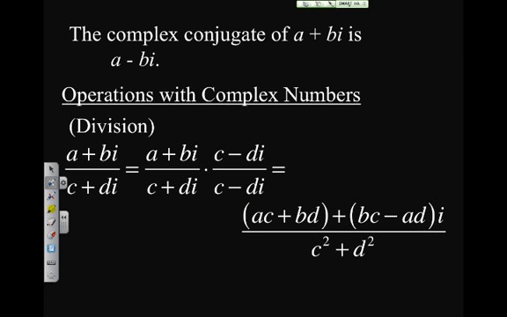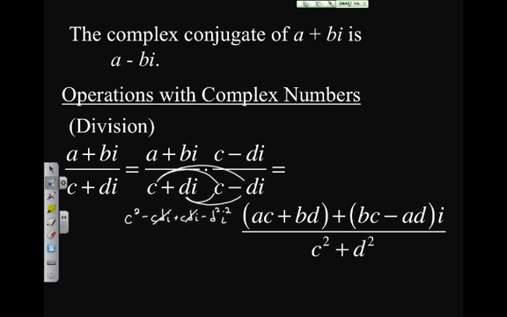And again, I wouldn't memorize this, just go ahead and multiply it out the way that we know how to. But the key thing is going to be on the bottom here when we FOIL this. I will show you this. You take c times c is c squared. This gives us minus cdi plus cdi, and then minus d squared i squared. So two things.